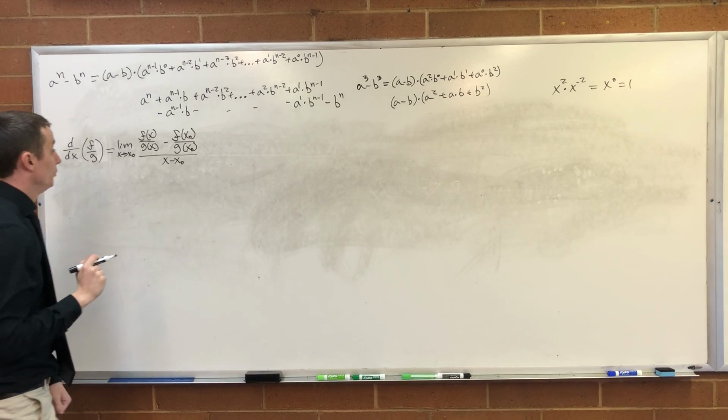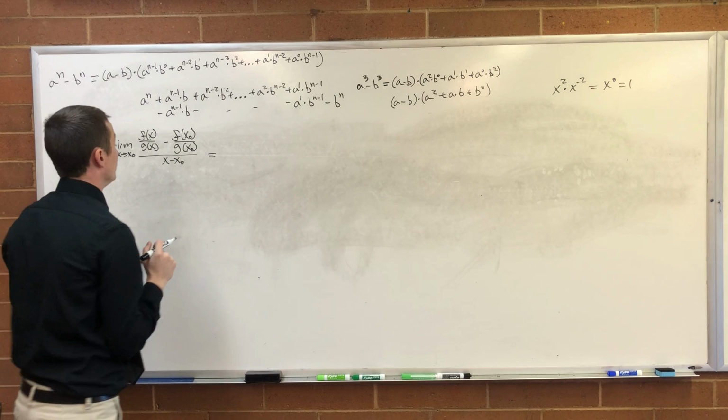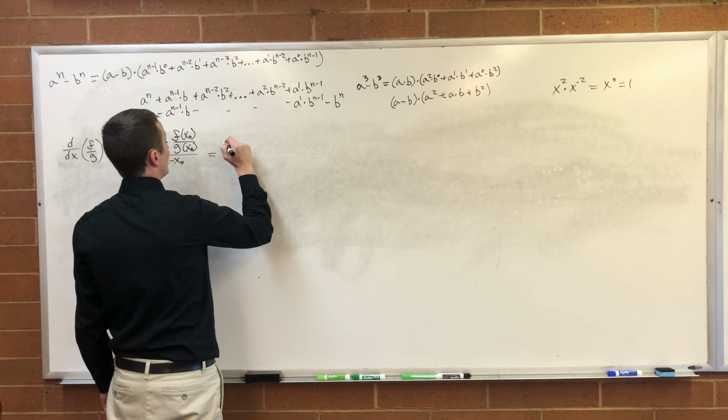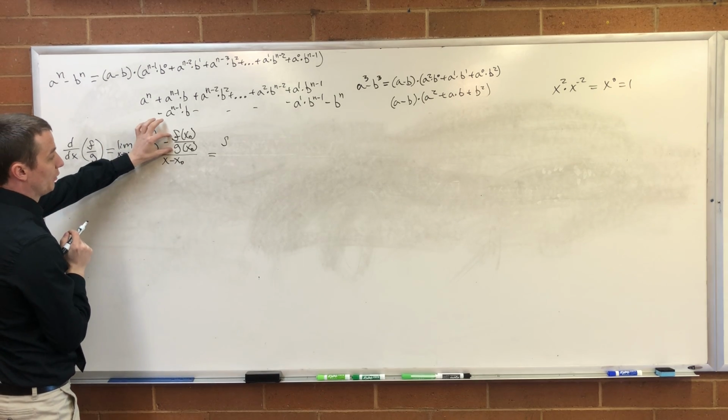Let's get a common denominator in the numerator. So this is equal to, I'm multiplying this top and bottom by g of x naught, and this top and bottom by g of x.